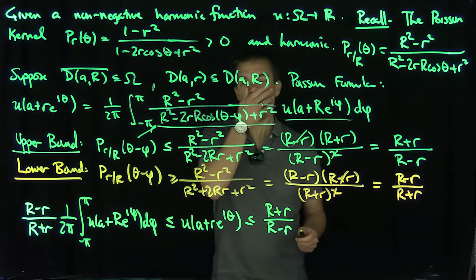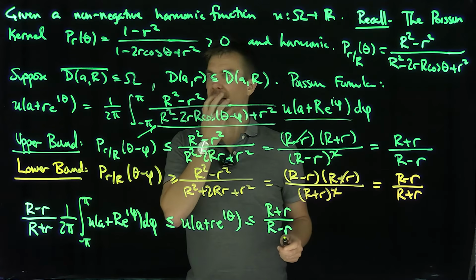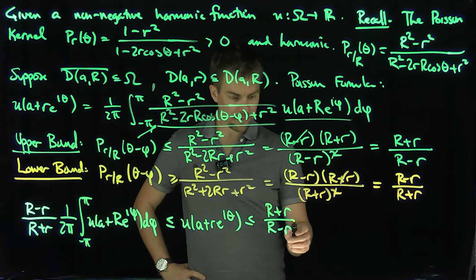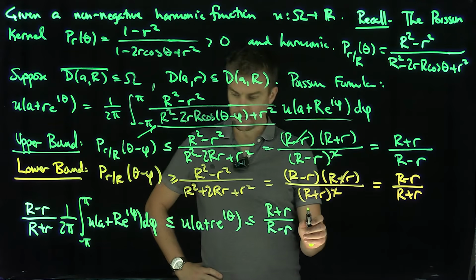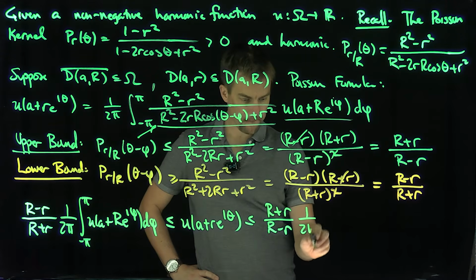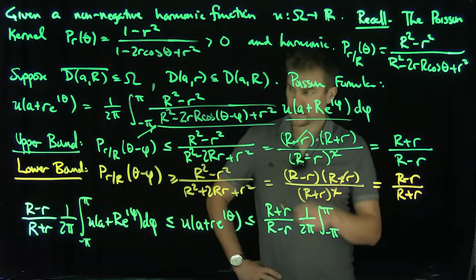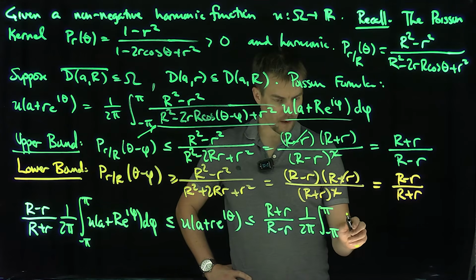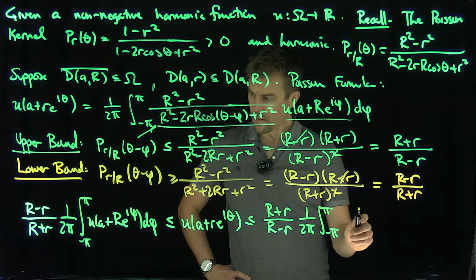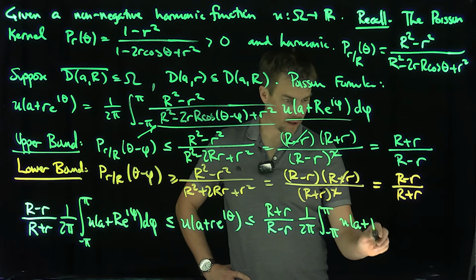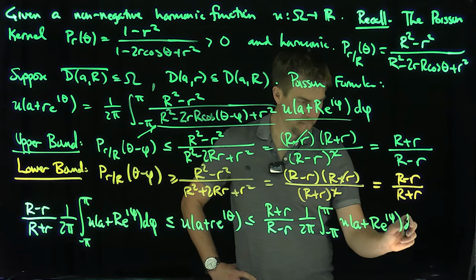Good. Okay, and now what? So now what do we have is the following. So now we have 1 over 2 pi, the integral from negative pi to pi of u of a plus R e to the i phi d phi.